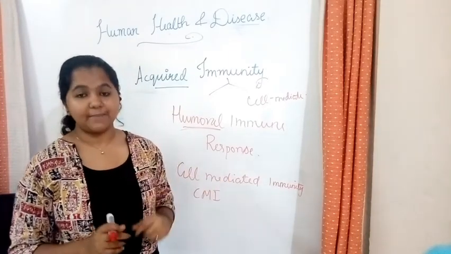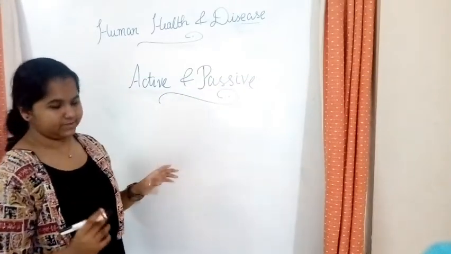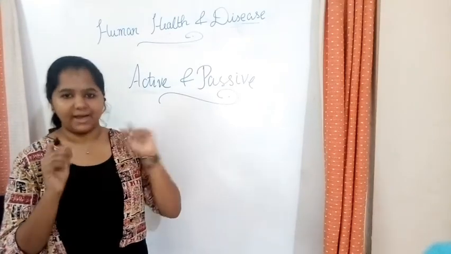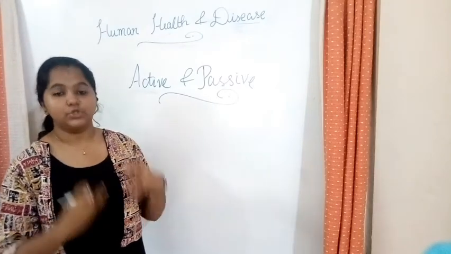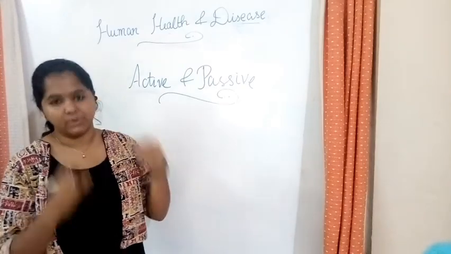So now let's see about active and passive immunity. Let's see what active immunity is first. You encounter a pathogen and then your body produces antibodies by itself. That is called active immunization or active immunity.